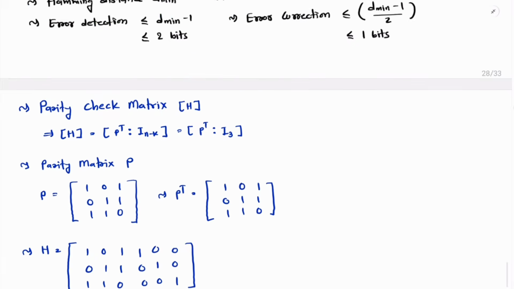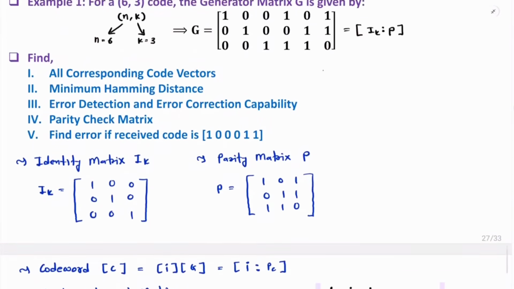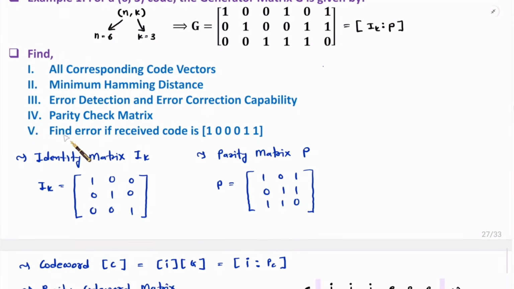So if you observe the next question, in the next question, we need to find the error if the received code is 1000011. So if you want to understand where the error is, then we need to identify the syndrome matrix. Let me explain that.